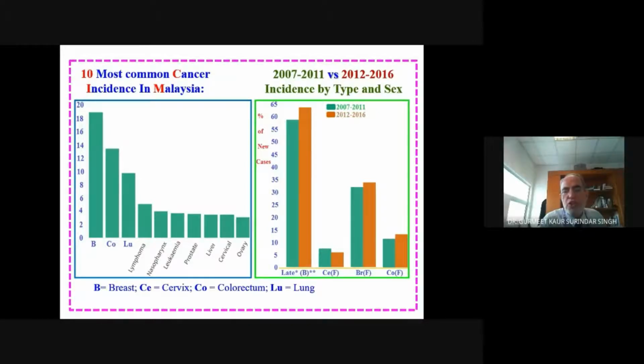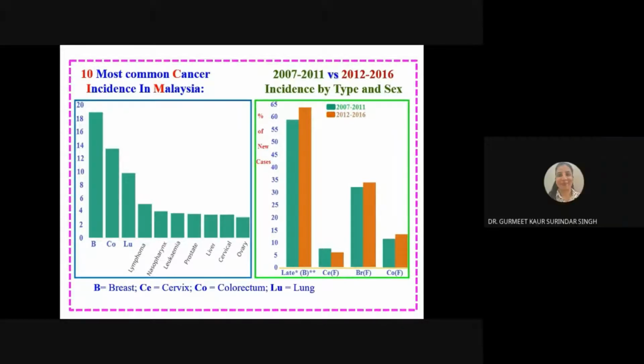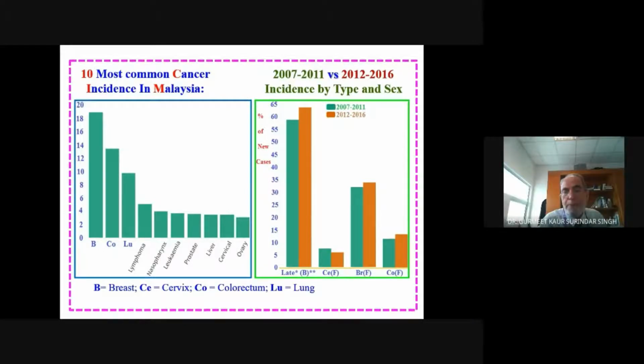It shows that if you see the part of the slide to the right side, you will find that there is increase in the new cancer cases regarding the breast and also the colorectum, and in the middle it is the lung.